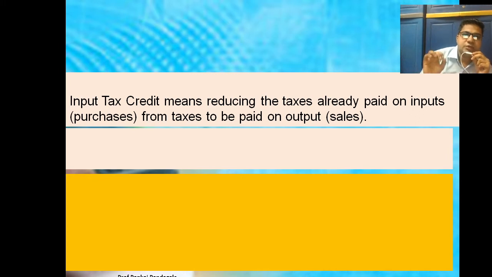That is called input tax credit. The simple meaning of input tax credit is: deduct the tax paid at the time of purchase from the tax payable at the time of sale. And whatever tax remains, it will be the liability and we have to pay it.